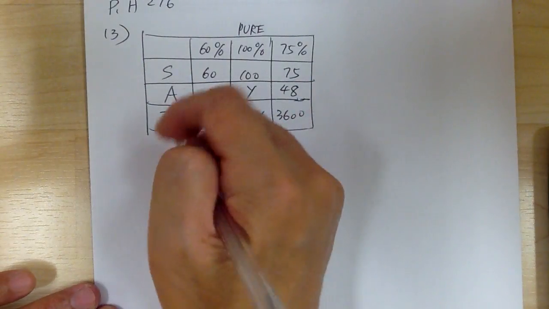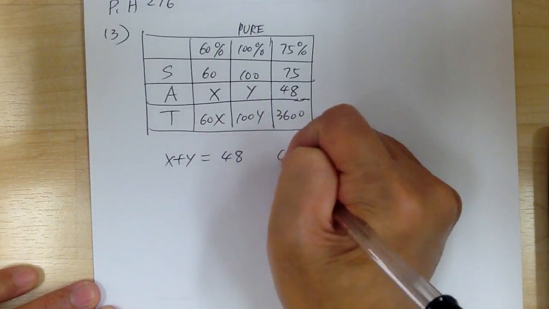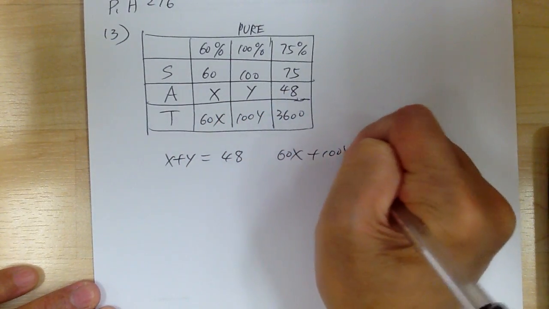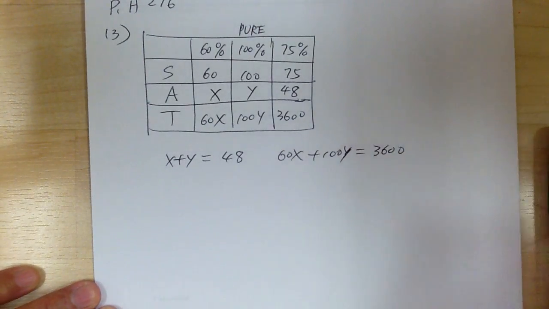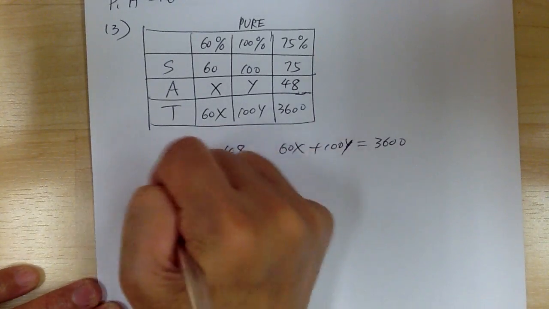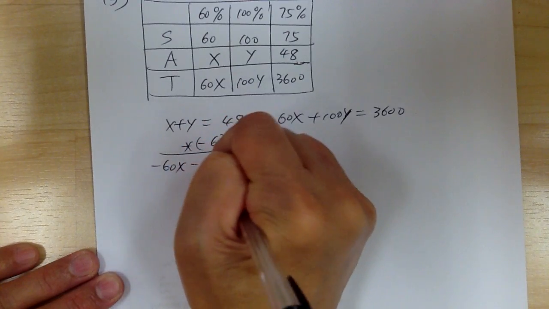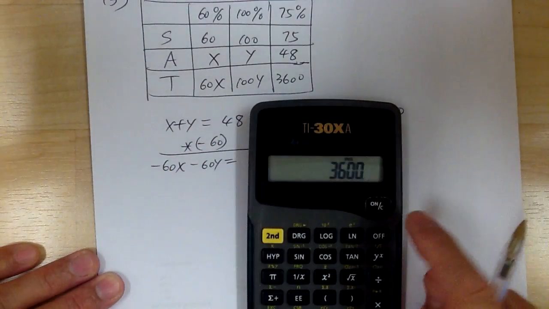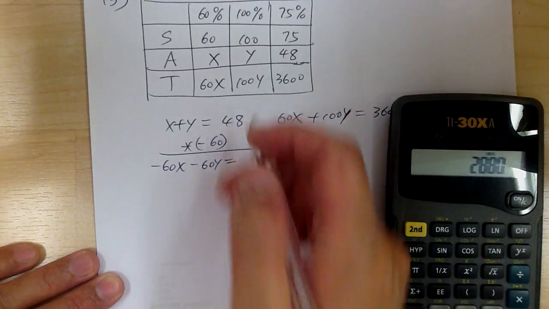Okay, so now you can write your equation. So you get X plus Y equal to 48. 60X plus 100Y equal to 3600. And that's going to multiply by negative 60. So you've got negative 60X minus 60Y equal to 2880.